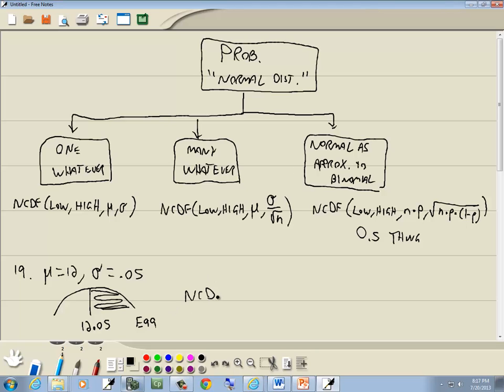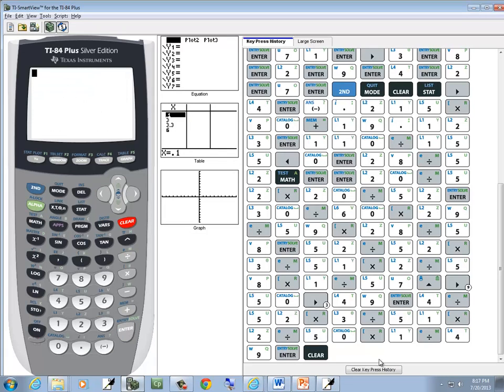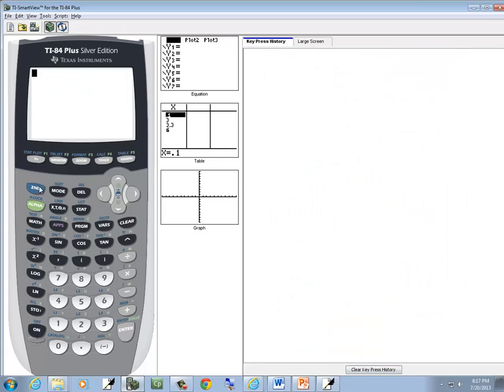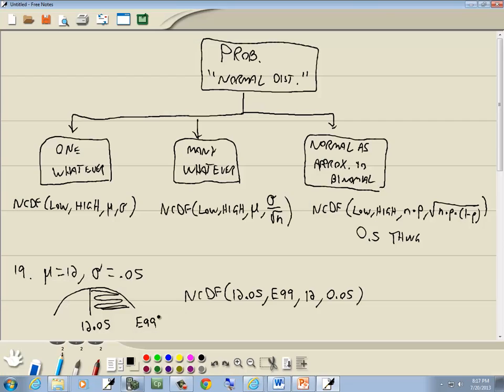So I'm going to do normal CDF, our low value, which is 12.05, our high value, which is E99, comma our mean, which is 12, comma our standard deviation, which is 0.05. Let's see what that gives us. I'll go to second vars into our distributions, choose normal CDF, second one, 12.05.